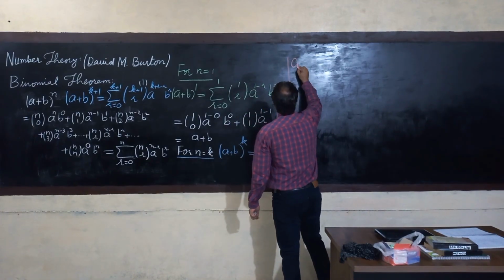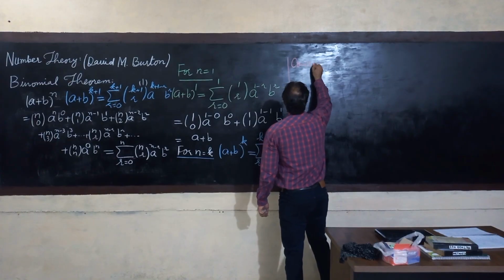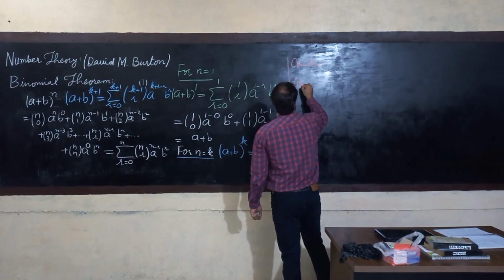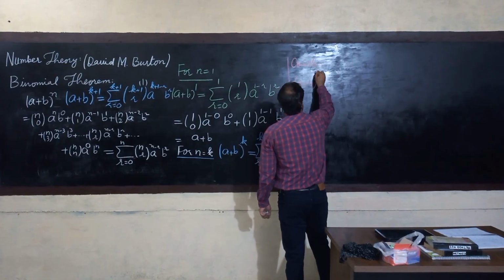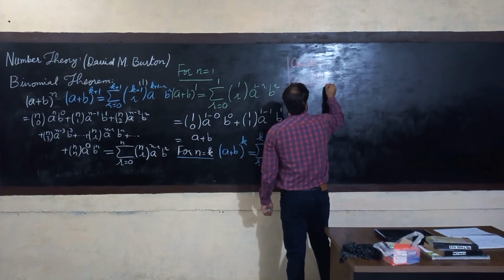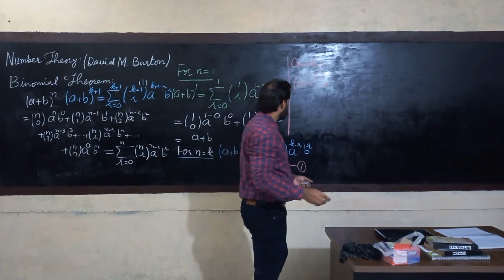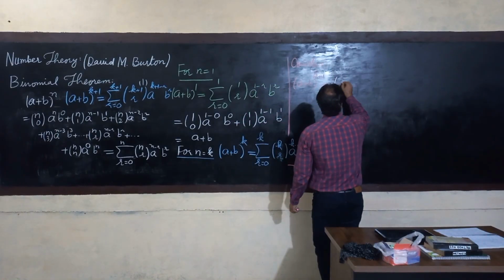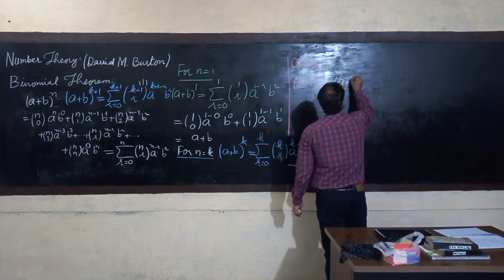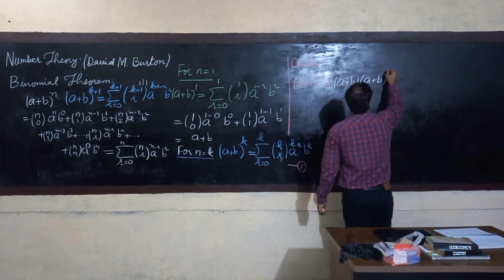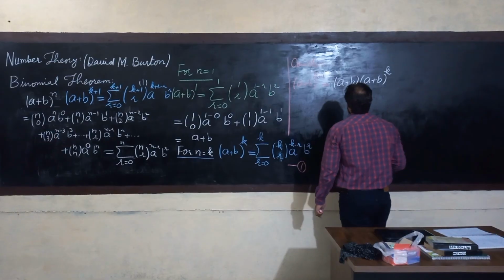Consider a plus b whole power k plus 1. We can write it as a plus b into a plus b whole power k.